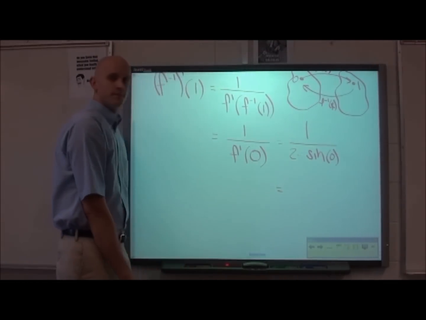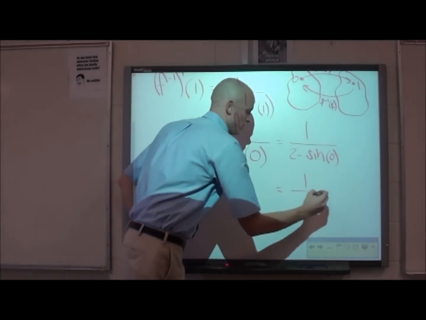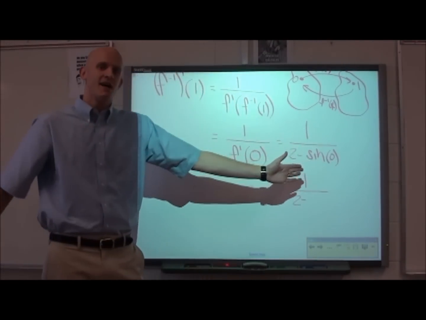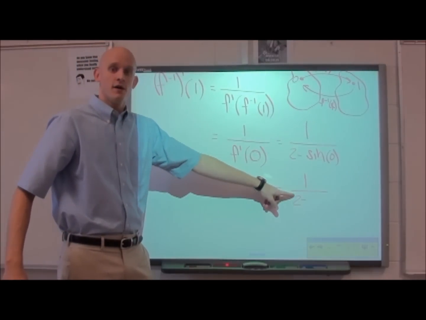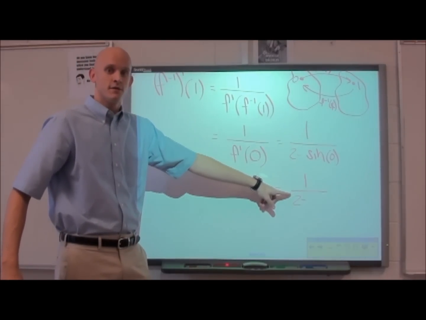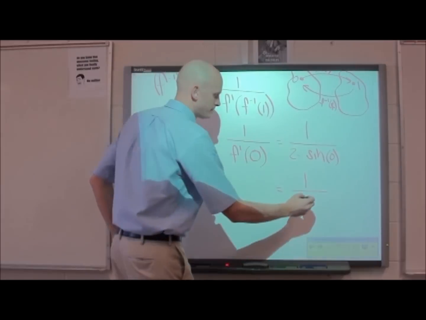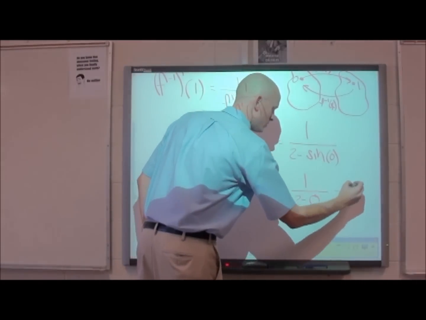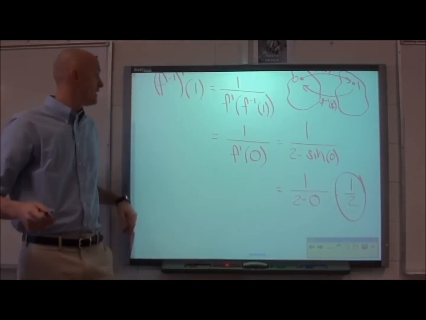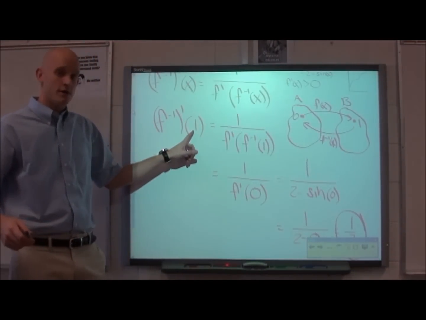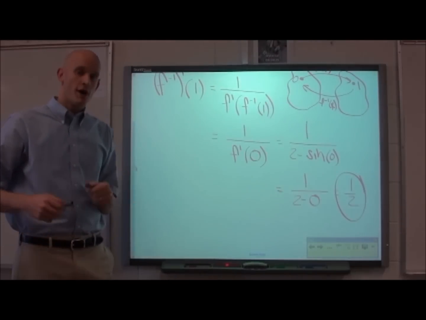Simplifying further, 1 over 2 minus sine of 0. We know that sine of 0 is 0. Our answer for the slope of the inverse at 1 is 1/2.